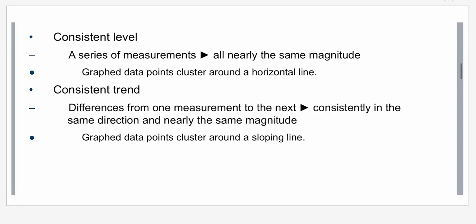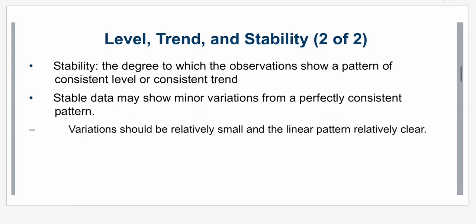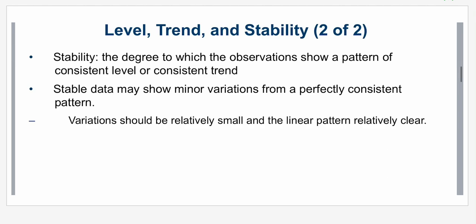So what is the thing that holds those two together? What's the commonality here? And you've heard me say it, it's stability. Stability is the degree to which the observations are showing that consistent pattern or consistent trend. So you'll hear stability and consistency kind of interchanged a lot with this. Stable data shows only minor variations.